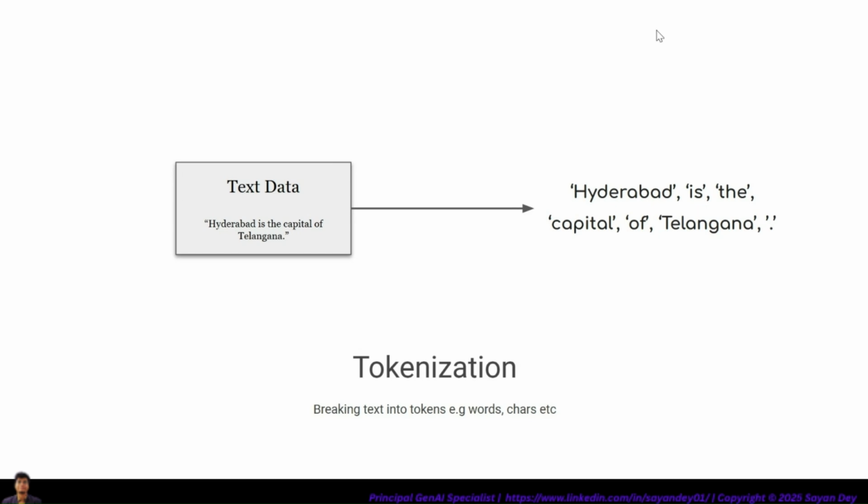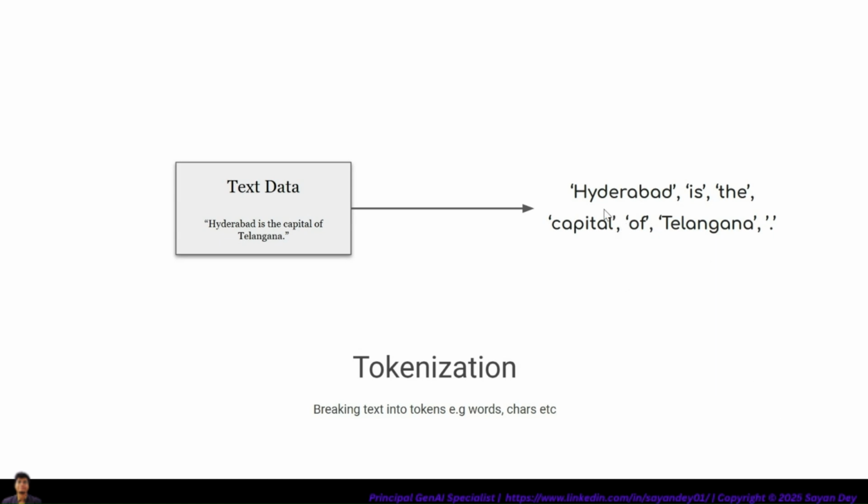Tokenization is the process where we take the entire text data and we convert it into unique tokens. Numbers is the next part.